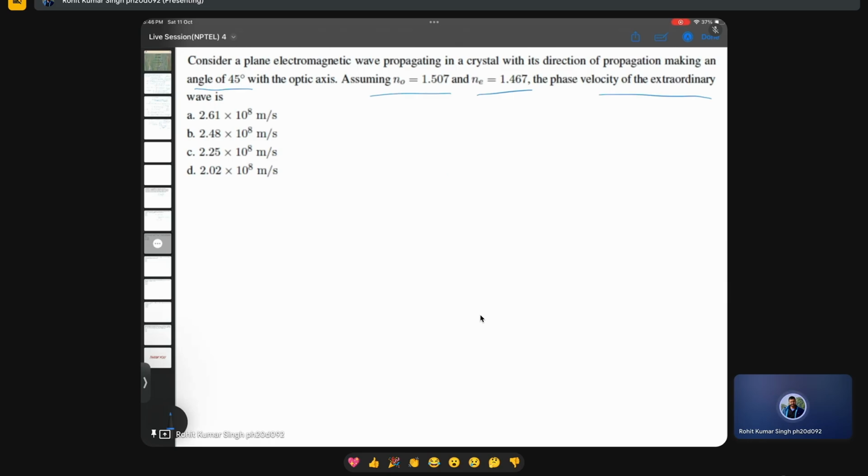Phase velocity means it is asking the velocity of the extraordinary ray. Do you remember the formula? 1 by v_e squared was equal to sine squared theta divided by (c by NE) squared plus cos squared theta divided by (c by NO) squared, right? This was the formula.